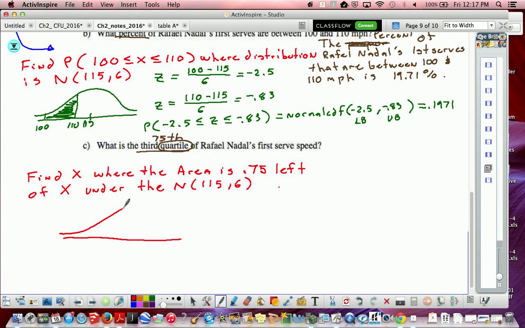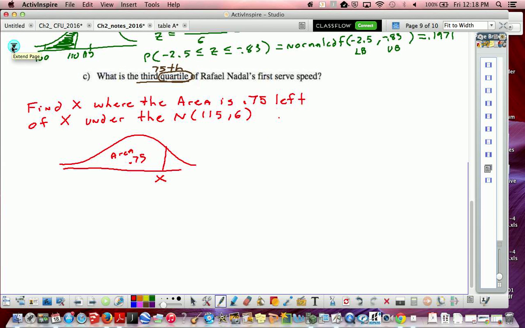So, what I'm looking for here is, where is X where this area equals 0.75? So, I need to go inverse. Whoops, I'm actually doing the do part, so I apologize. I'll switch to green. I try to color code.